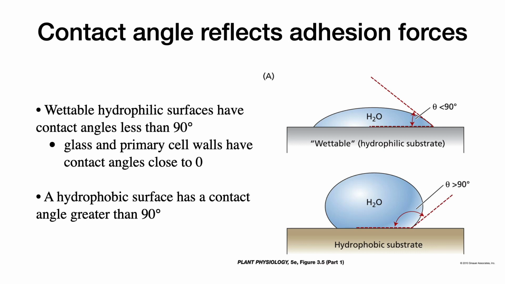On a hydrophobic surface, those molecules will form a bead, and the hydrophobic surface has a contact angle that will be greater than 90 degrees. We will see that on the leaf surface, which has a waxy surface to it.